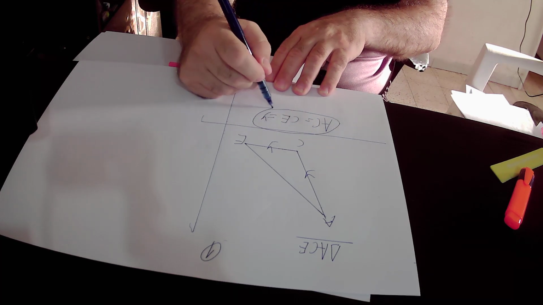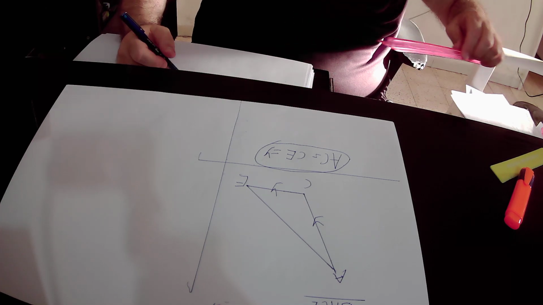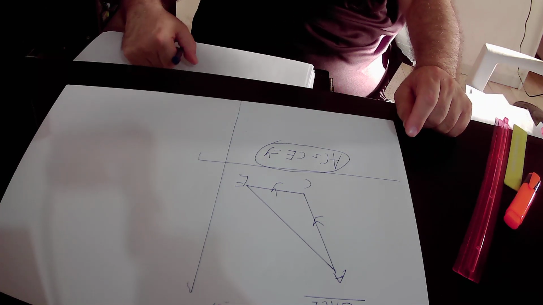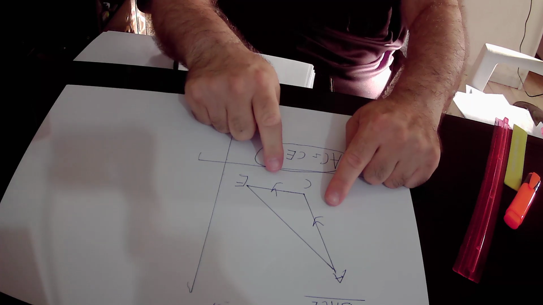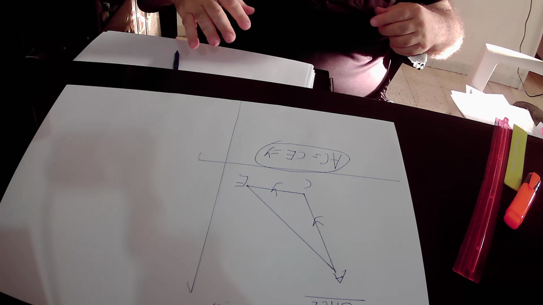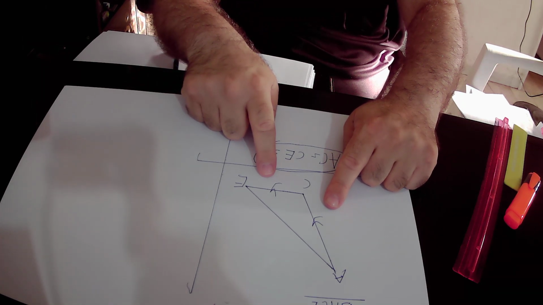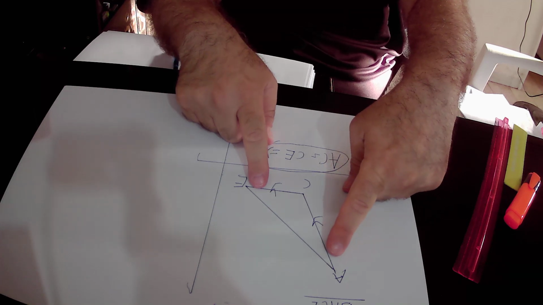And we have the rule that in front of equal sides in a triangle, there are equal angles. So in front of those two sides, we have those two angles, and they must be equal to each other.